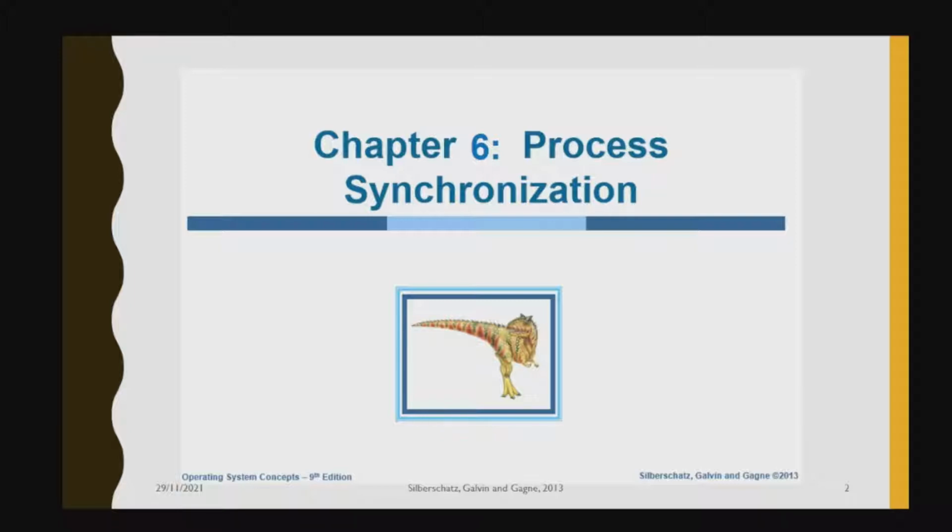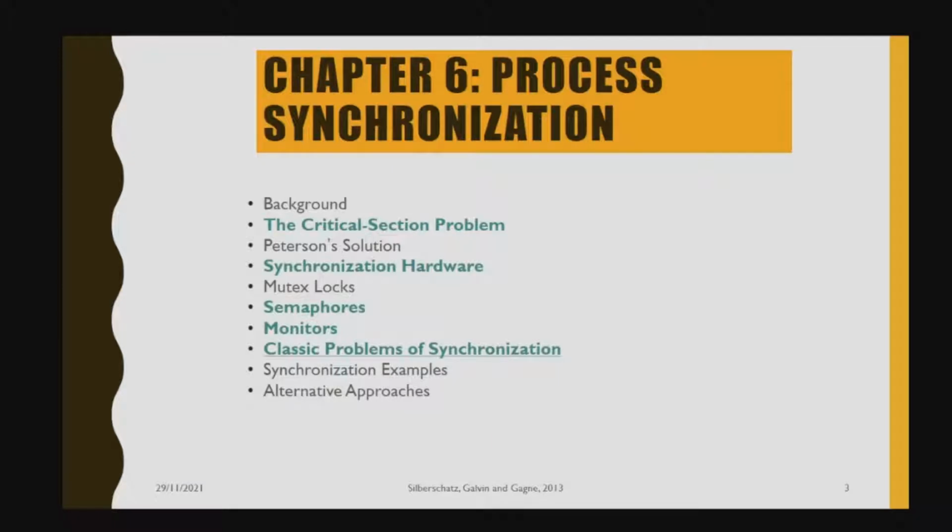So basically, we just continue on the previous part, still under the topic of process synchronization in our operating system. In the last video, we learned about the critical section problem. When we talk about the critical section problem, it must solve the three parts of the criteria.